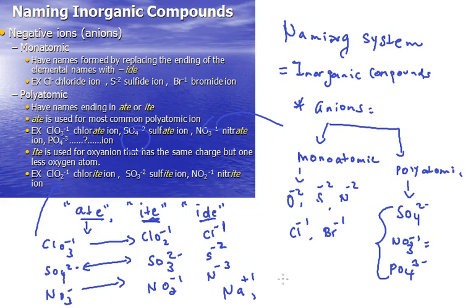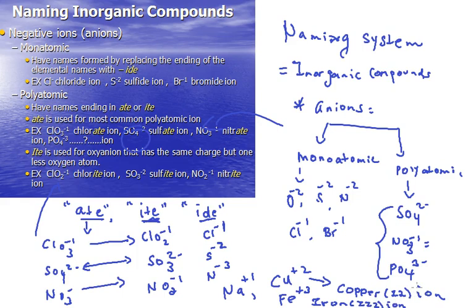But with transition metals like copper or iron, because a transition metal forms more than one charge, we have to use a Roman numeral. So this one would be copper, Roman numeral 2, and this one would be iron, Roman numeral 3, ions.